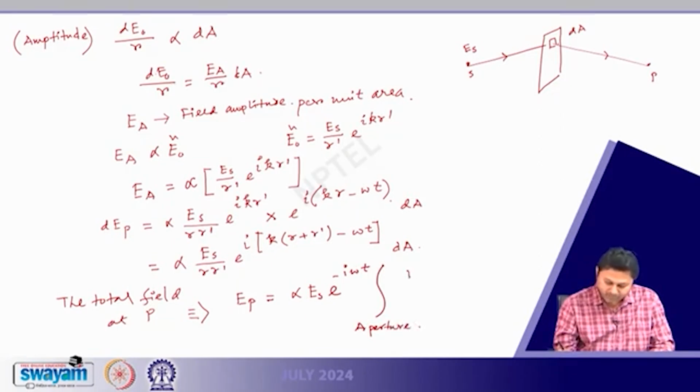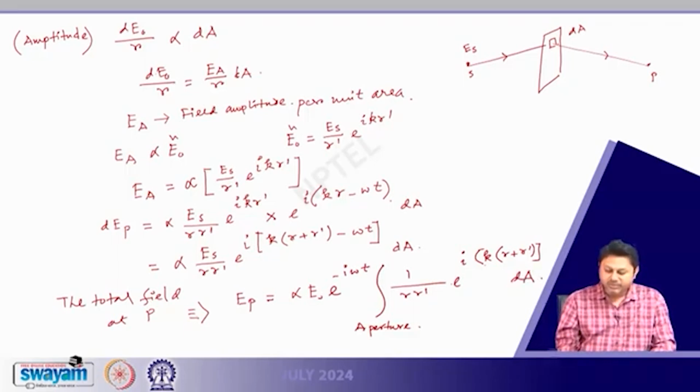and we have 1 divided by r prime, e to the power of i k (r plus r prime), over dA.